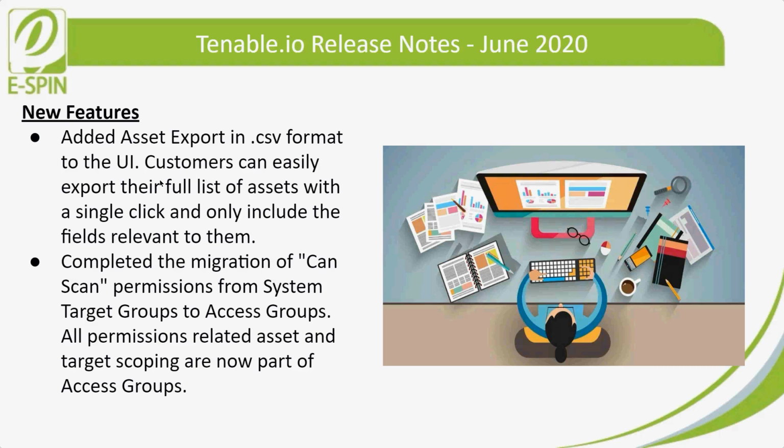And the second feature is the completed migration of scan permission from system target group to access group. So all permissions related to asset and target scoping are now part of the asset group.